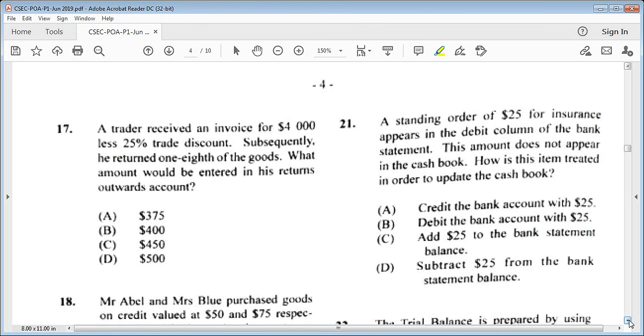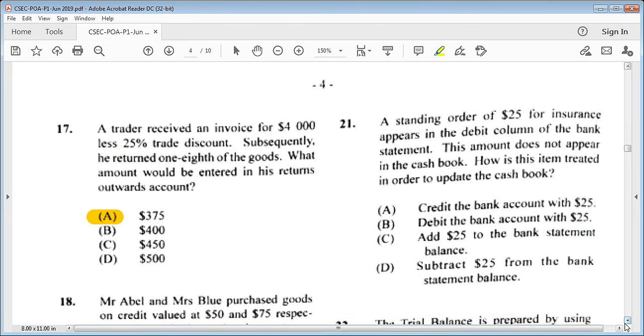So 25% of $4,000, we get $1,000. Now, when we deduct, it says it was discounted. So $1,000 from $4,000, we're left with $3,000. And it says he returned 1/8. So we have to find 1/8 of $3,000. We get $375. So our answer is A.